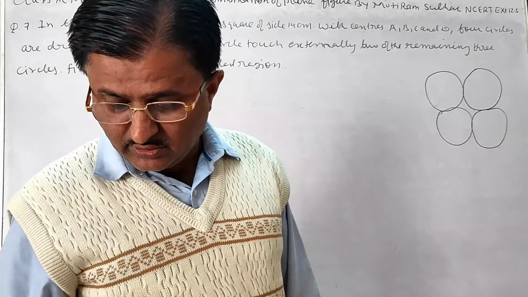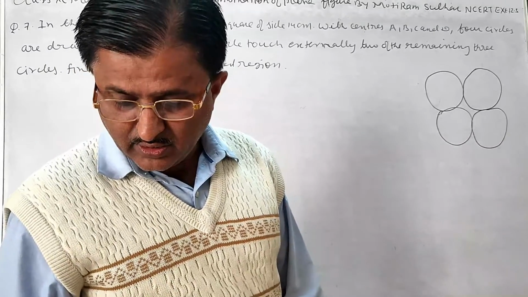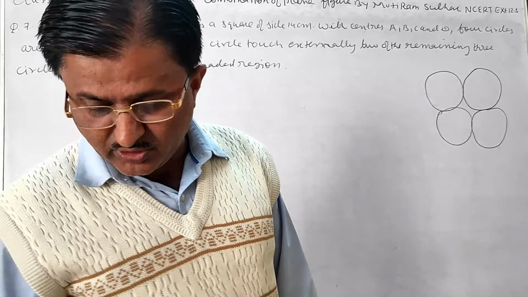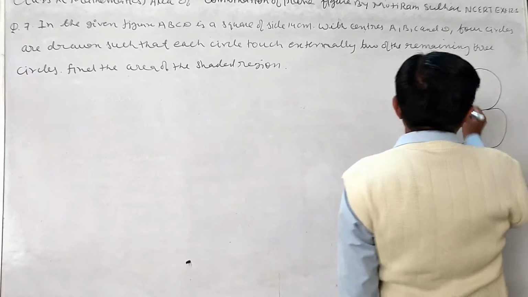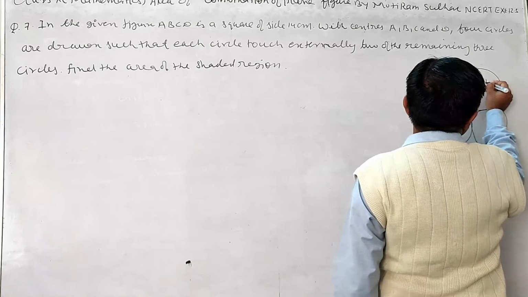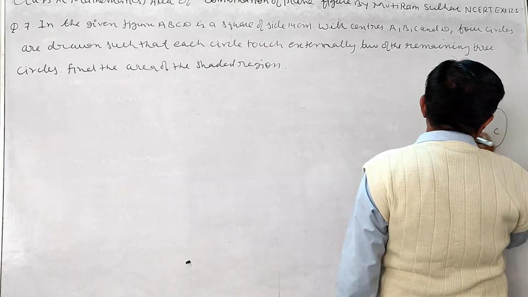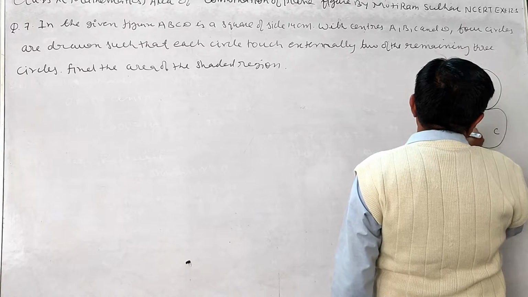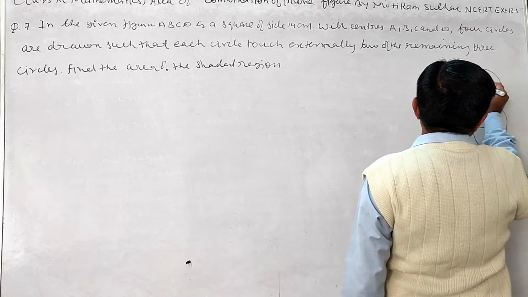Clear? Question says ABCD is a square of side 4 centimeter with center ABCD. ABCD. These are the centers.